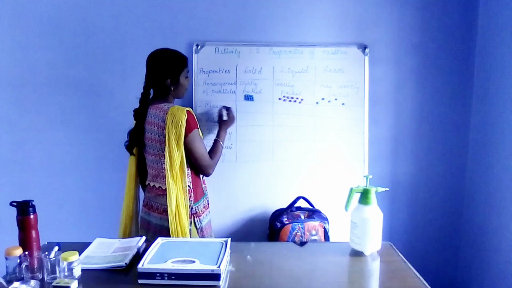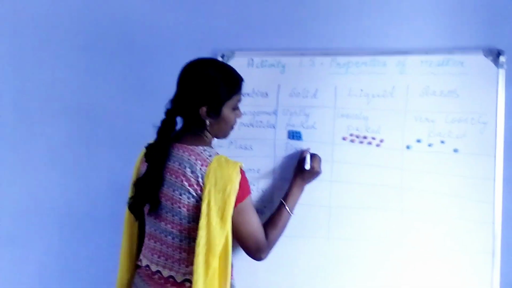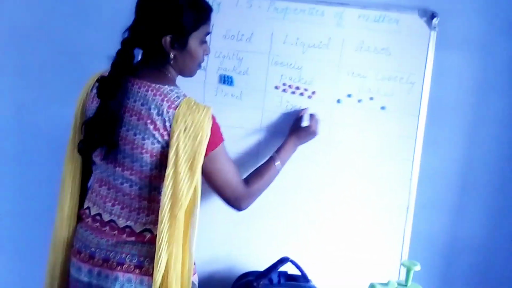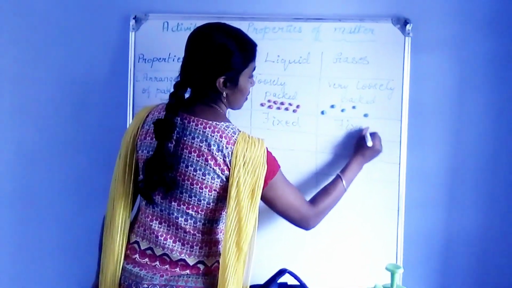This shows that gases also have fixed mass. So the mass of the solid, as we saw, is fixed, the mass of the liquid is fixed, and the mass of the gas is also fixed.